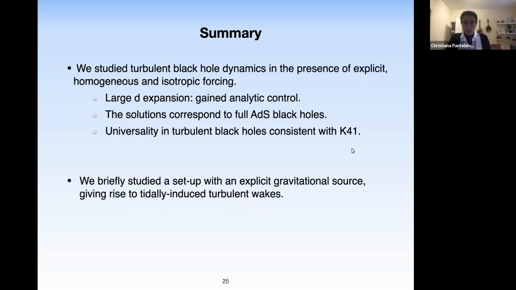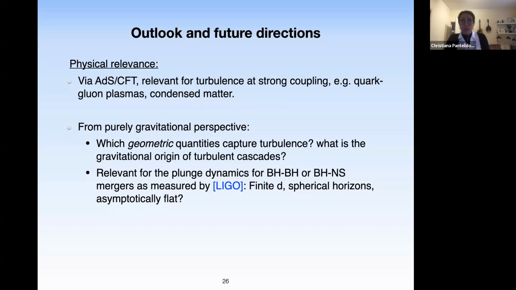And the very last one was essentially a fully gravitational computation where we used explicit gravitational sources in order to see a tidally induced turbulent wake. And now let me just very quickly comment on the physical significance of these calculations.